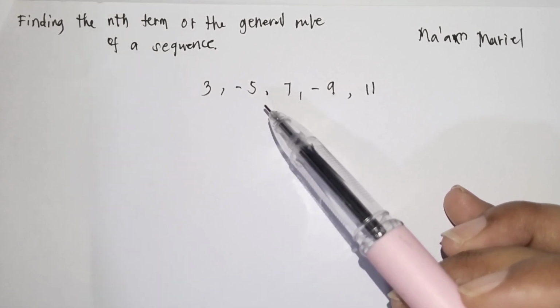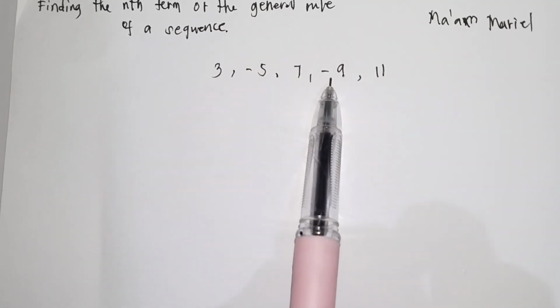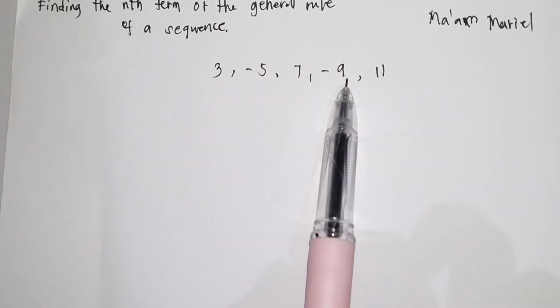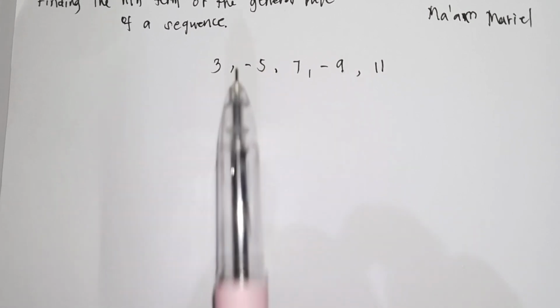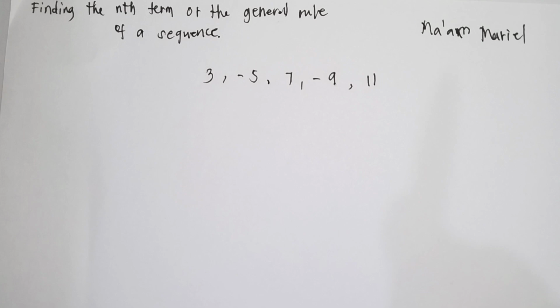And also, isa pa dito, kaya medyo mahirap talaga siya, is because of the alternating sign. Positive, negative, positive, negative, positive. So, medyo mahirap talaga siyang hanapan ng rule. Pero, of course, yung mga teachers natin, nagbibigay naman tayo ng mga tips and advices and strategies that you can actually use just to solve this. Okay?